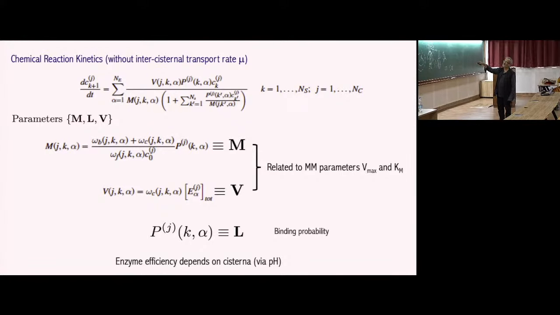Okay, so you have M, V, and L, which are the parameters in this chemical reaction. This chemical reaction is written when you don't have any internal cisternal transport mu. When you have it, of course, you can augment that. Okay, I'm not going to write it because it's a bigger expression, but it's easy to do. That'll change J to J plus 1 and J minus 1, depending on where it moves. Okay. Now this quantity here is the binding probability, and it's related to the elastic model that I talked about earlier.